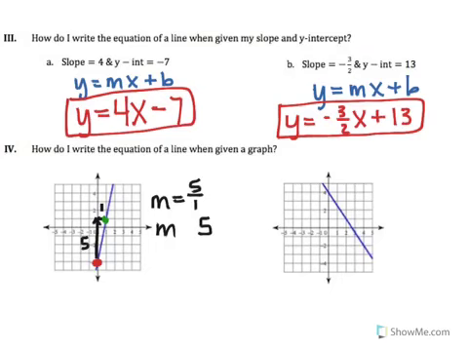So my slope is just 5. Always make sure to simplify that. And then my y-intercept is where my graph touches the y-axis, which is my b, and that is at -4 on the y-axis. So my equation of my line is going to be y is equal to 5x minus 4.